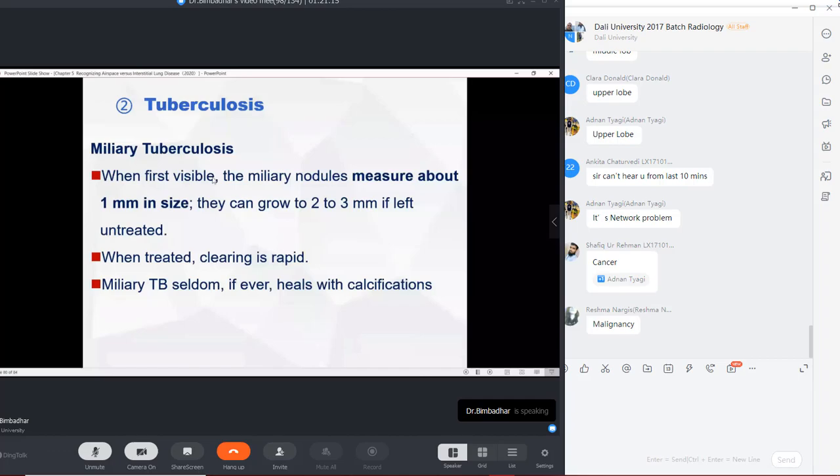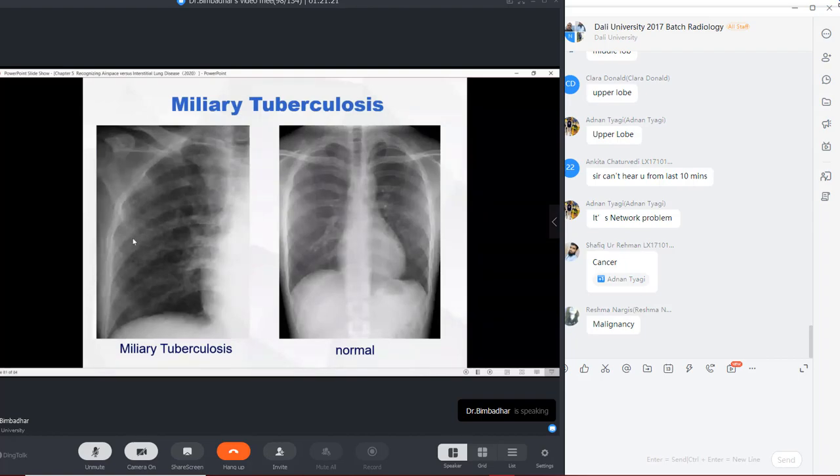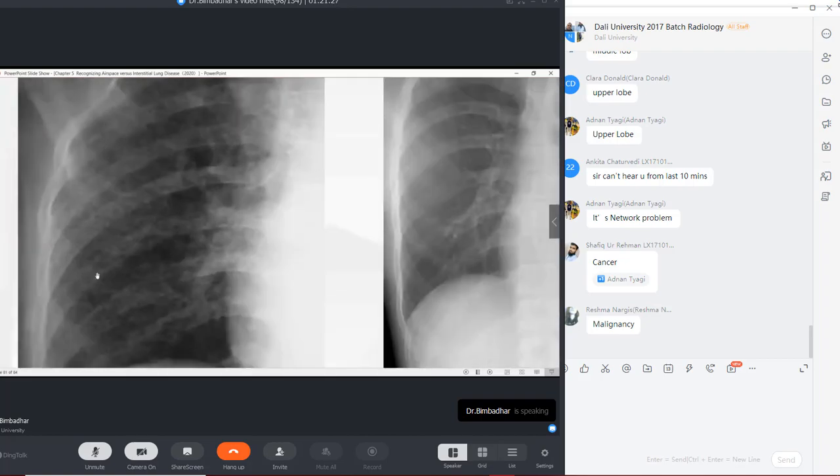Okay, when treated, clearing is rapid, which means I will find the lesions. Look closely here. This is a normal chest X-ray. If you zoom in, you see small white densities, and it looks completely blurred, and it seems like there is a lot of noise in this image. And such an image is a very classical presentation of miliary tuberculosis.